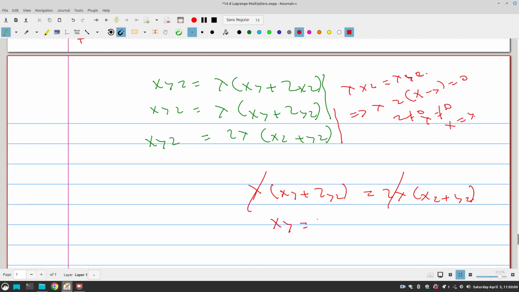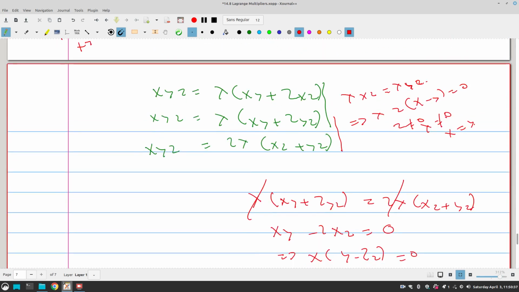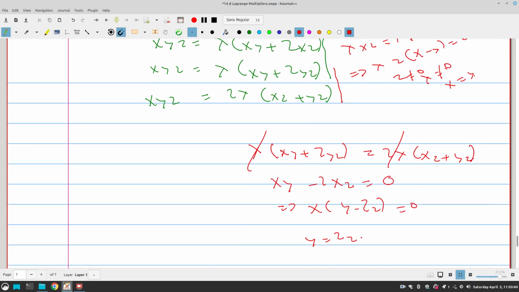So xy minus 2xz equals 2yz minus 2yz; there's a 2yz here and a 2yz here, so these guys cancel. Take x out, x times y minus twice z equals 0. So this tells you that y equals twice z.